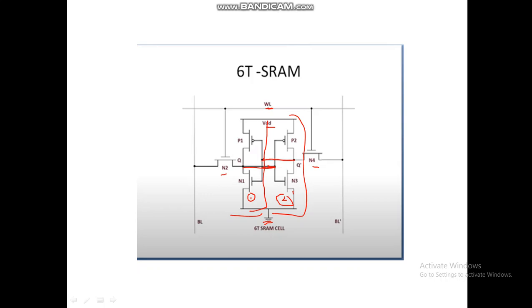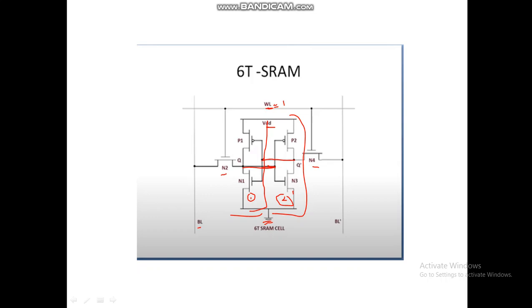Now, how will the SRAM work? When our word line equals 1, that is logic high, both these N2 and N4 transistors will be on, as these are NMOS transistors. Then we can write data into the SRAM, meaning whatever data is presented on the bit line will be written into the SRAM.